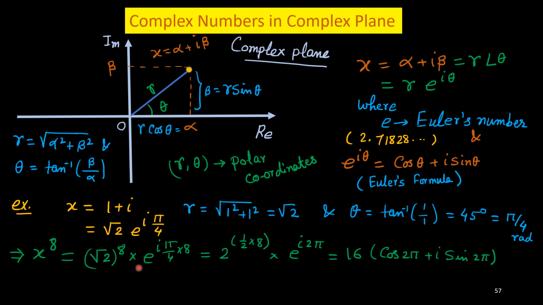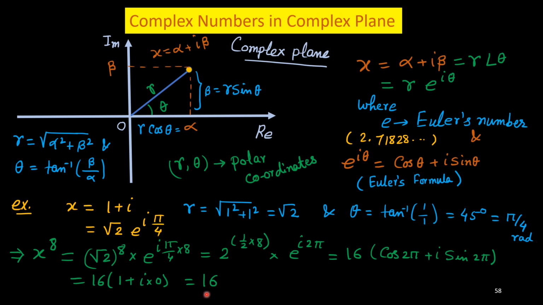So now we can simplify this one. So this will become 2 to the power, so square root means half power, half into 8. And here this 4 and 8, they'll cancel, you will get 2. So e to the power I 2 pi. So this becomes 2 to the power 4, which means 16. And this is e to the power I 2 pi, that we can expand, cos 2 pi plus I sin 2 pi. Now cos 2 pi has value 1 and sin 2 pi has value 0. That I can use, thus we will get 16.